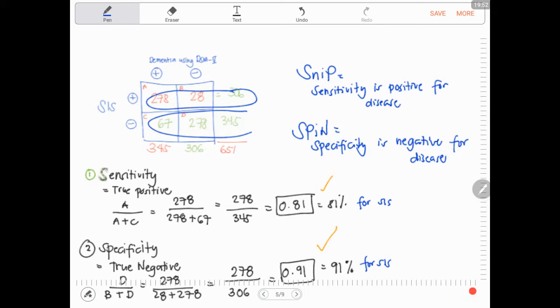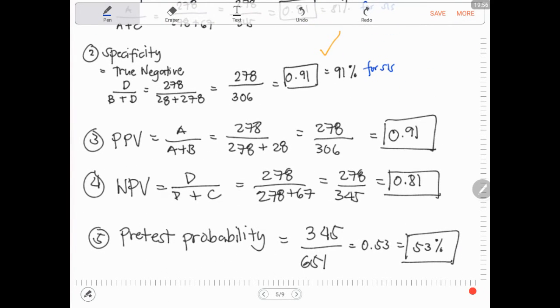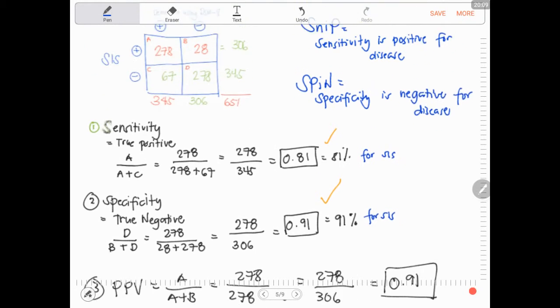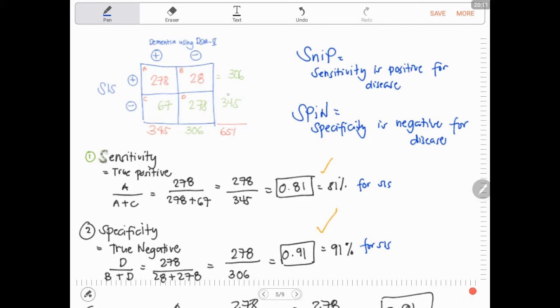PPV, ito NPV. Okay? So, again, A plus B, the answer is 0.91. Ang negative predictive value is 0.81 kasi D plus C. Gets? Okay? D plus C. Okay, yan. Alright.